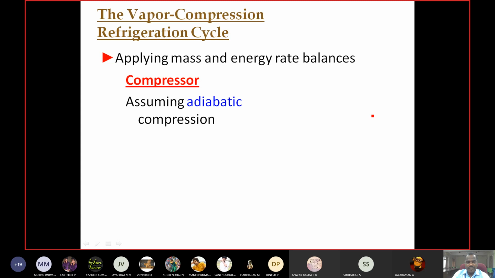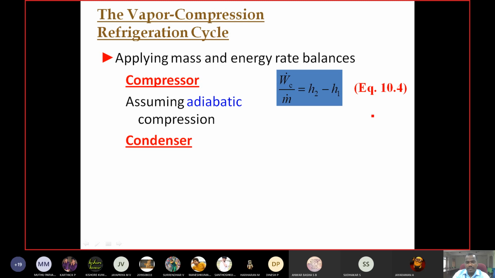Then if we apply the mass and energy rate balance in the compressor, we know the process is adiabatic compression. Then we can get W in by rate of change of mass will be h2 minus h1, again the change in enthalpy.